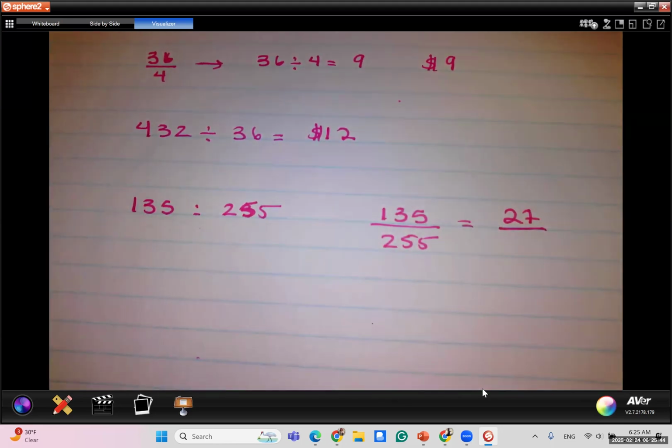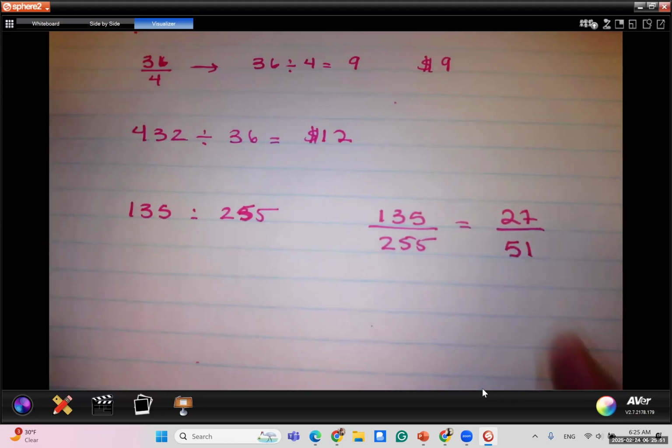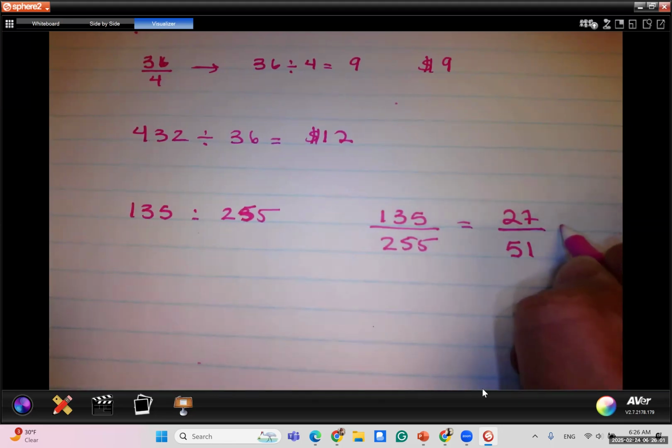And I'm just using my calculator offline. And 255 divided by 5 is 51. Okay. Now it may look like that we're done, but both of those are actually divisible by 3. So you have to keep trying until you can get the simplest form.